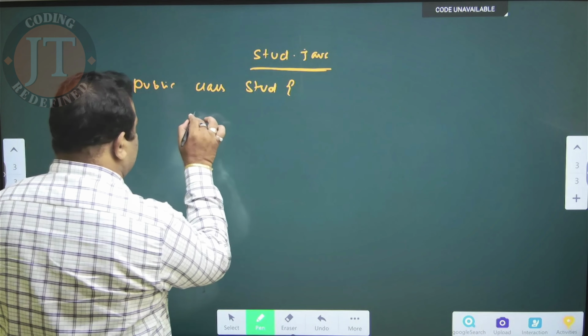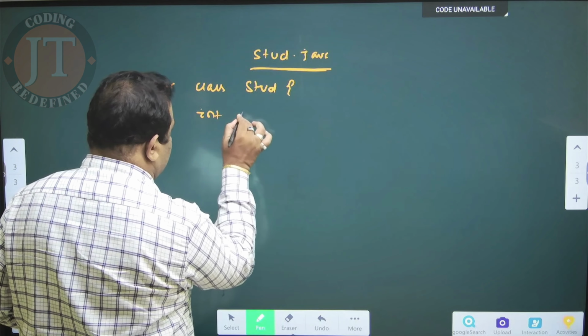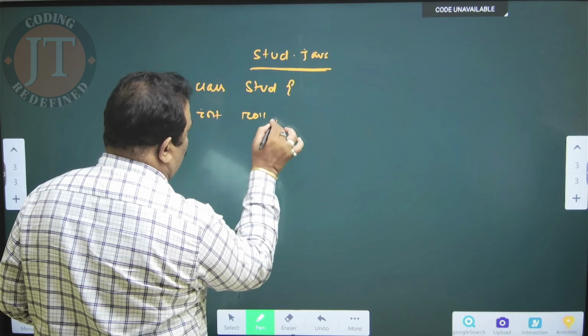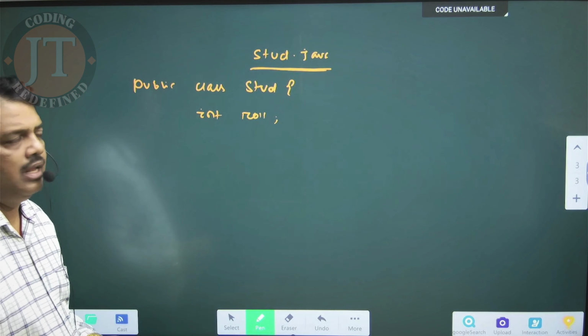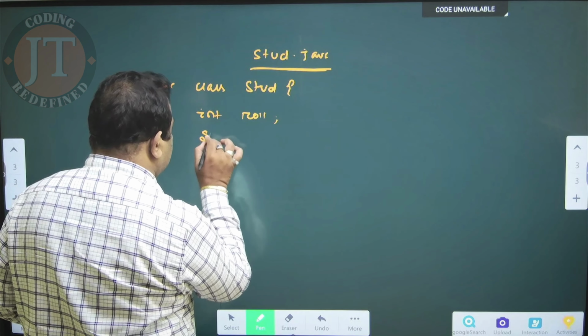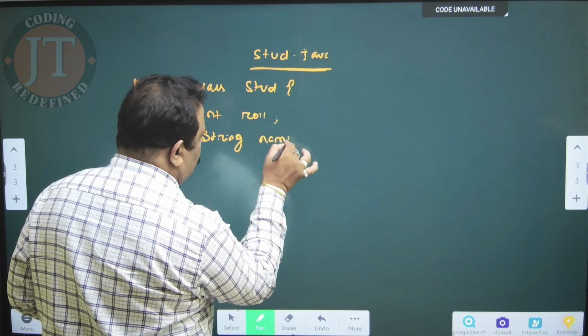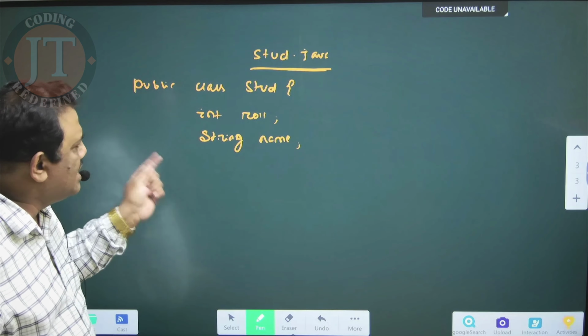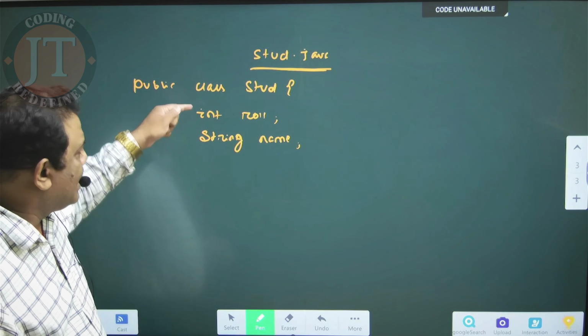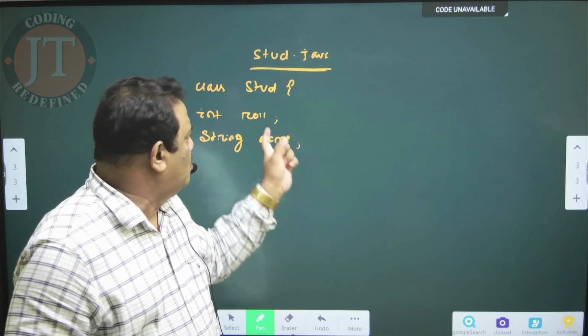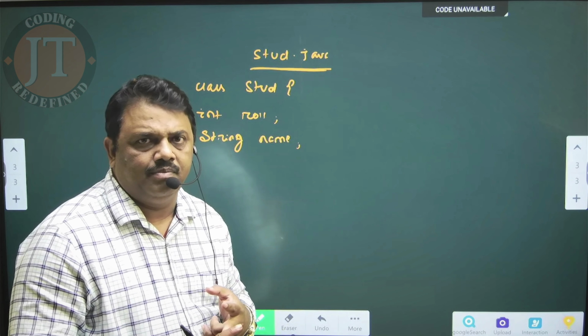Here I write int role. Role is an instance variable. Here I pass a String, that is name. So how many instance variables did I declare here? I am declaring two instance variables: one is role, another one is name.